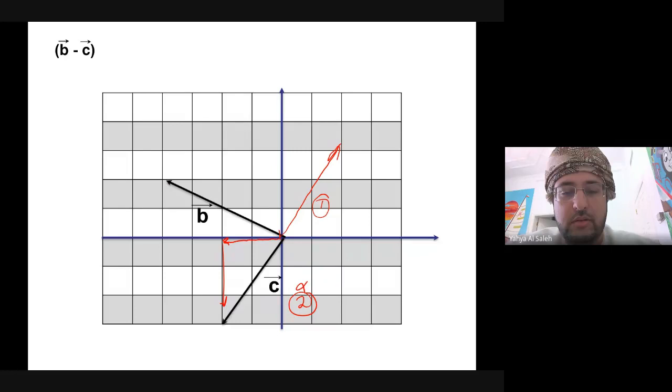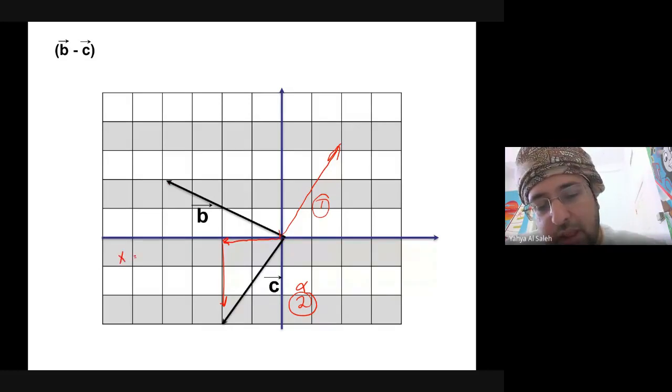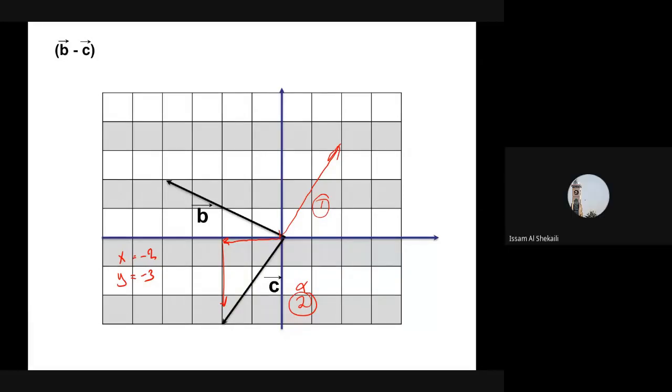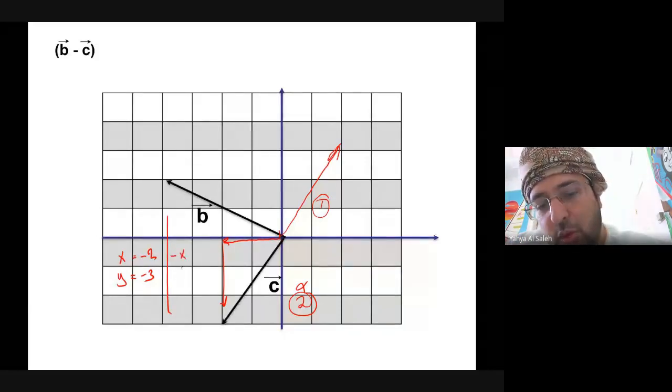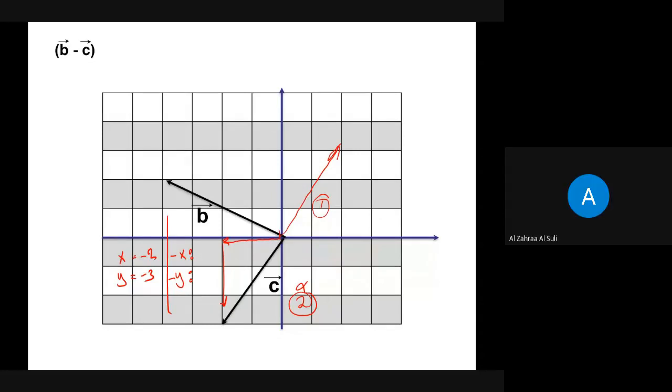I went 2 squares left and 3 squares down. So x is minus 2 and y is minus 3. Right? Okay. Now if I want to take the opposite of that, what is minus x and what is minus y? 2 and 3.